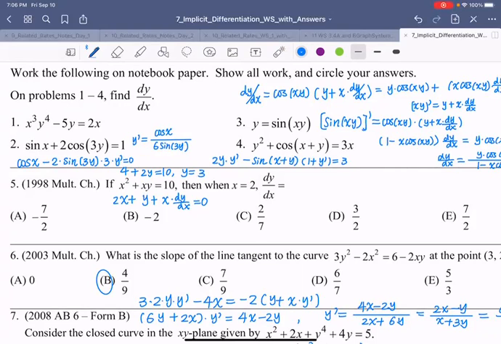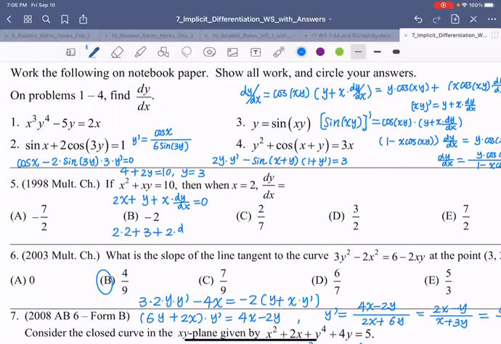Okay, and then we can plug in. Two times 2 plus y plus 2 times dy over dx, where y is given. y is 3, we found the y already.